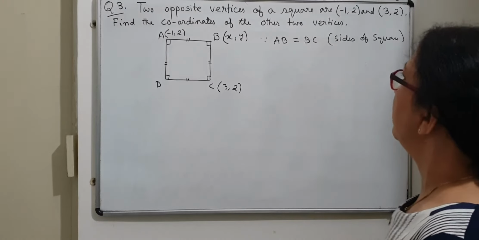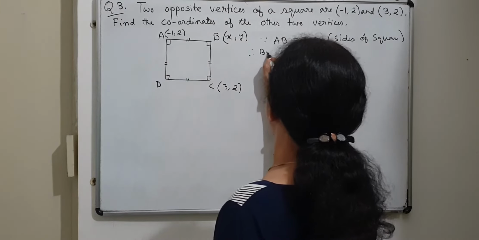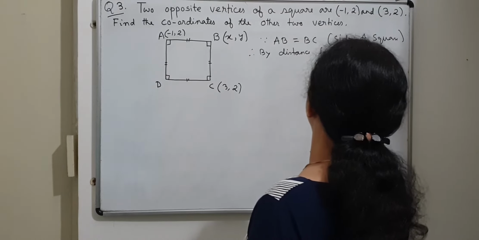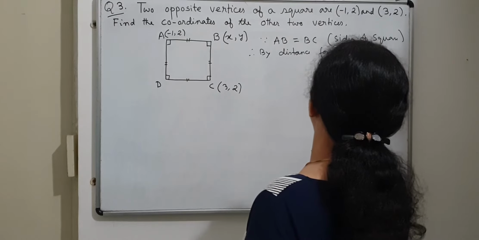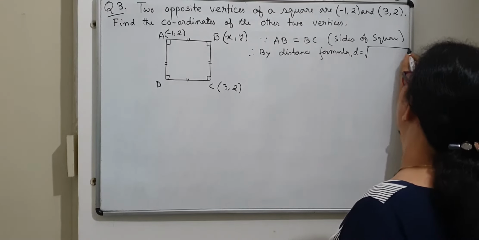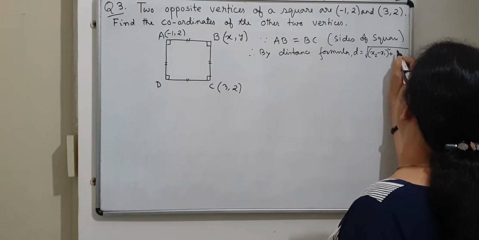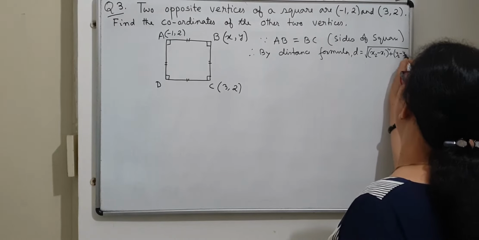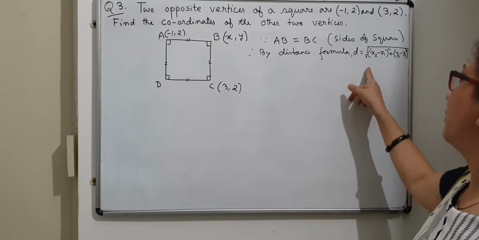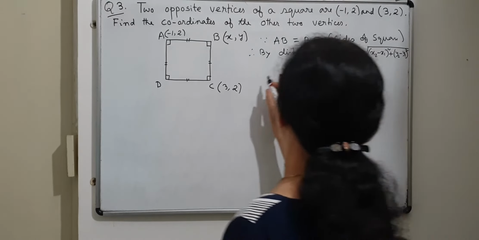Then by using the distance formula, the distance between any two points is the square root of (x2 minus x1) whole square plus (y2 minus y1) whole square. That is, the square root of the sum of the squares of the differences of the abscissas and the ordinates. So let me write down.